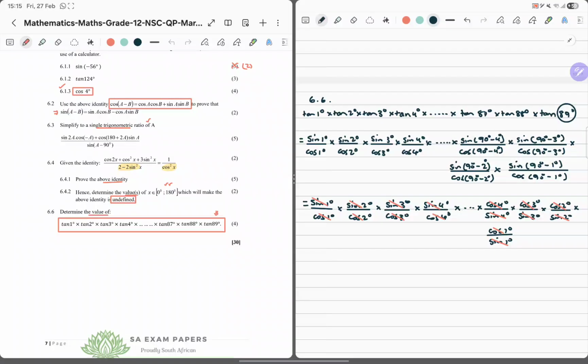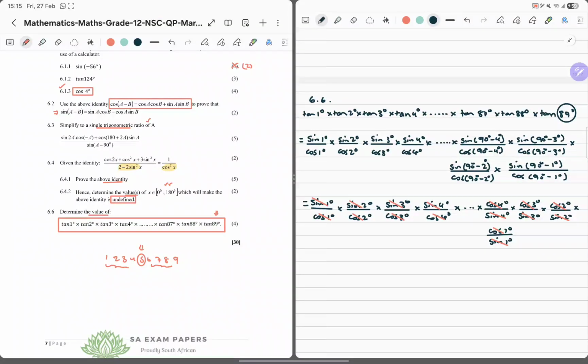Is there a middle term or is there no term in the middle? So if we say 1 up to 9, 1, 2, 3, 4, 5, 6, 7, 8, 9, for example, you will see that 5 is in the middle. Now there's 4 on each side and 5 is the middle term. So this means here there has to be a middle term. But what angle is it going to be?